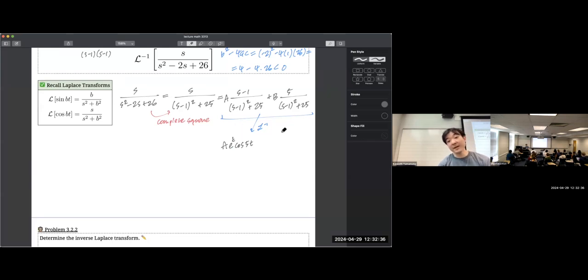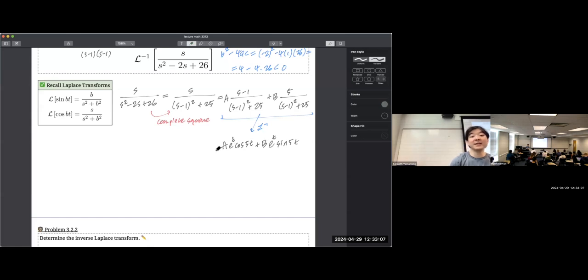This one was plus B. Now that we did this one, what's the inverse Laplace of 5 over s minus 1 squared plus 25? It's the same shift, right? Because it's e to the t, but now this is a sine of 5t. And we'd be done, right? That would be the answer.